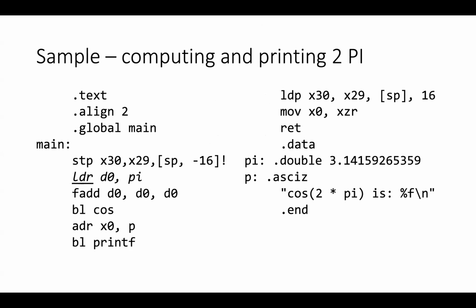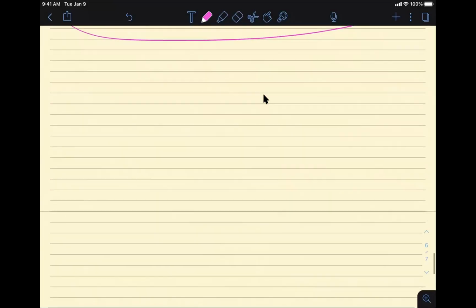Okay, so you can use fmov to go from an X, for example, that's a 64-bit number, into a D. So let's erase the 0 here and say that's from an X register to a D register.